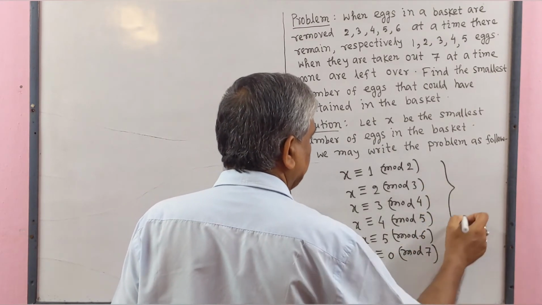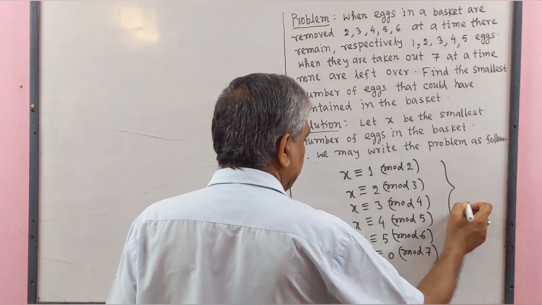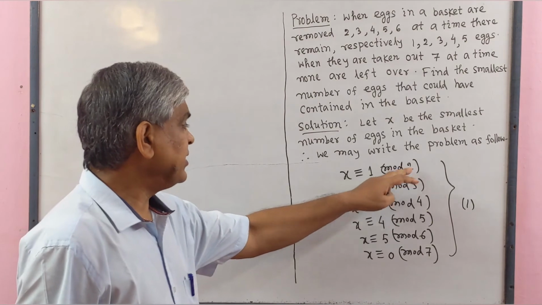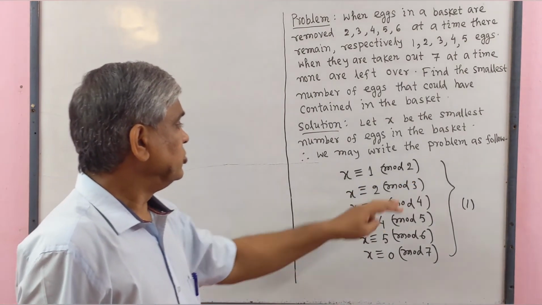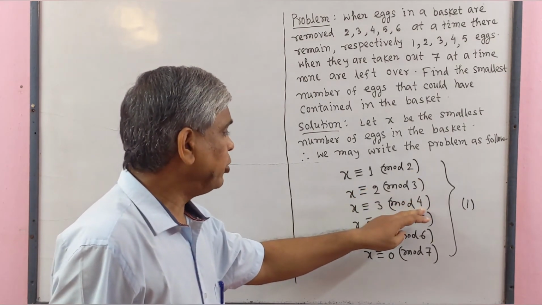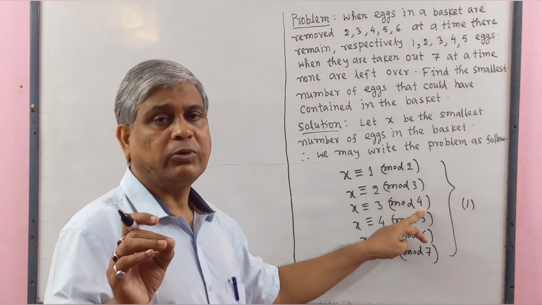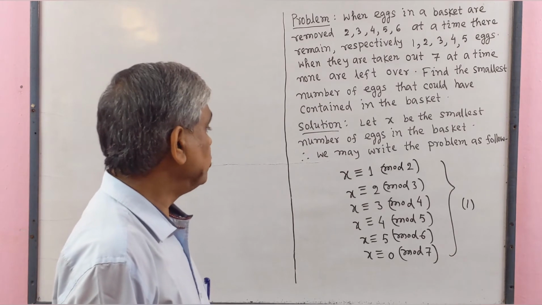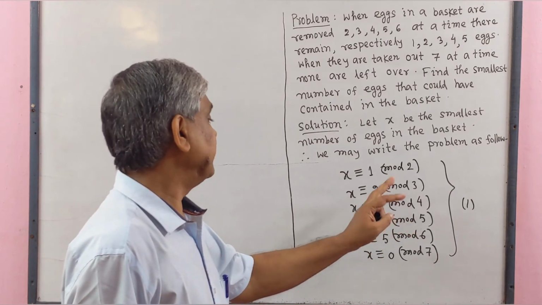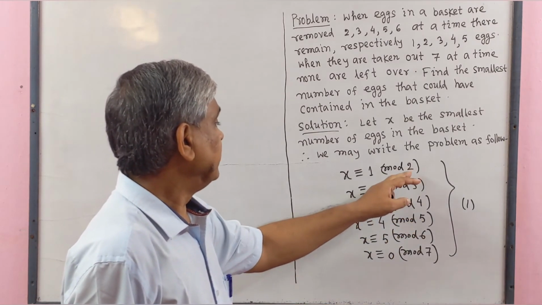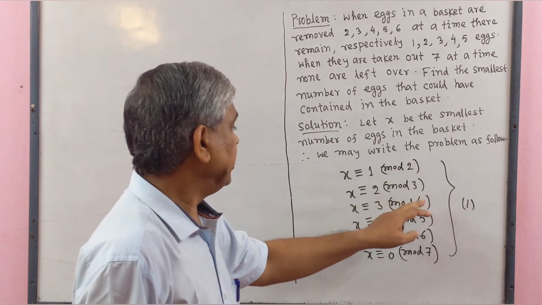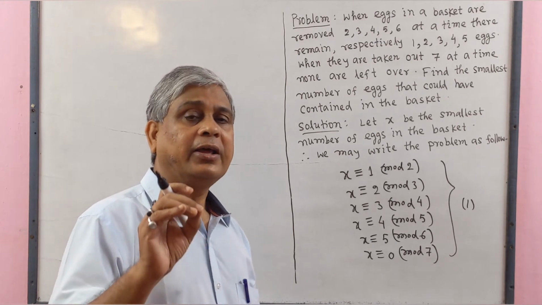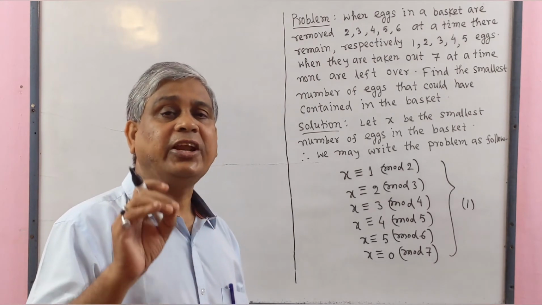Let name of these congruences be 1. Here we see that GCD of 2 and 4 equal to 2. In Chinese remainder theorem, we should have the condition that these numbers 2, 3, 4, 5, 6, 7 all are pairwise relatively prime.